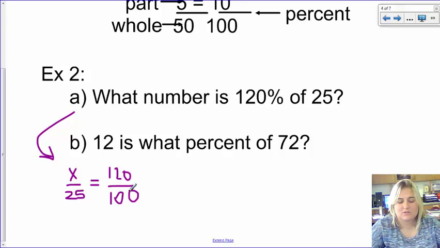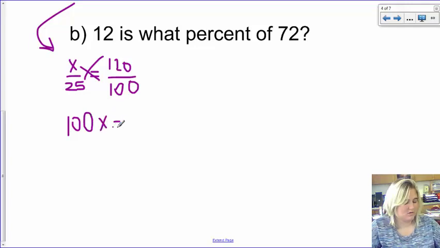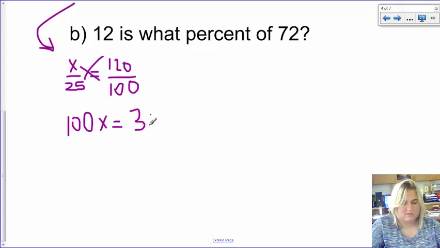So then all we have to do to solve the proportion that we have here is to cross multiply. So we have 100 times x, which gives us 100x, equals 120 times 25, which is 3,000.